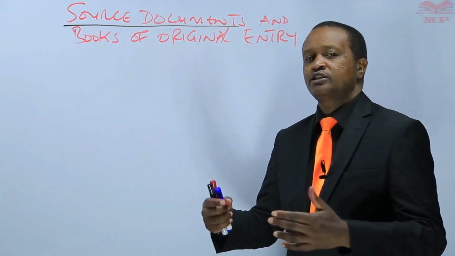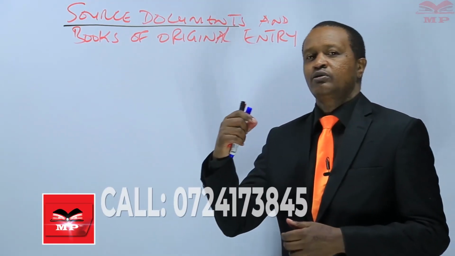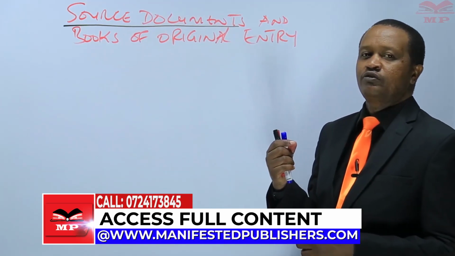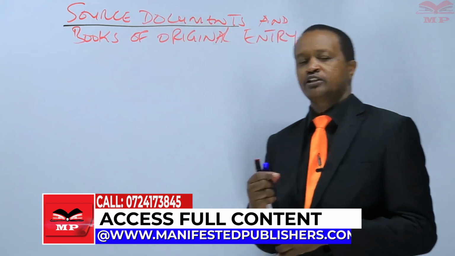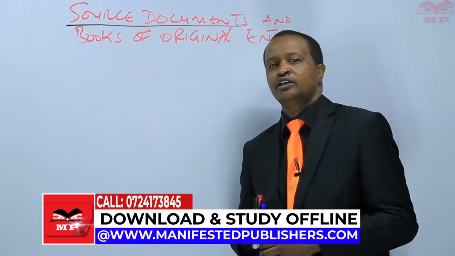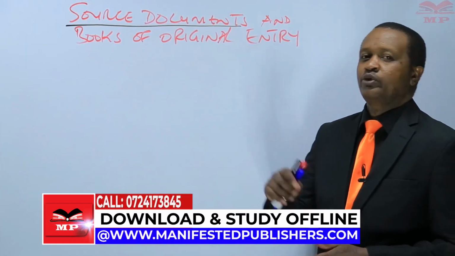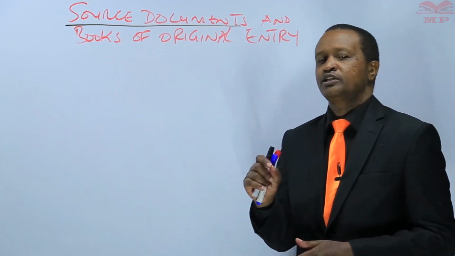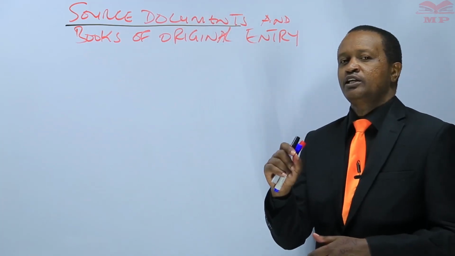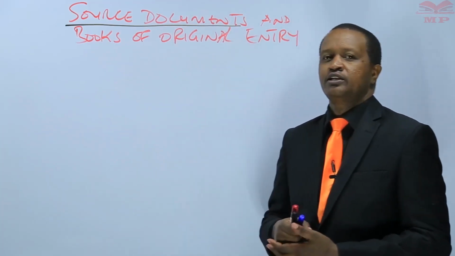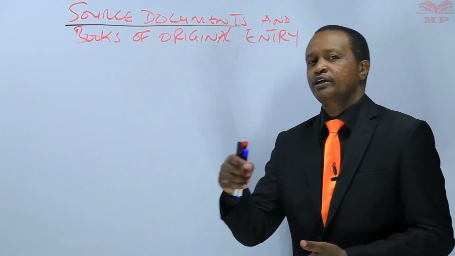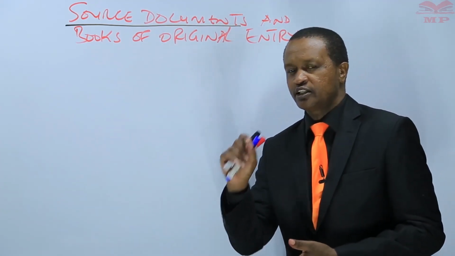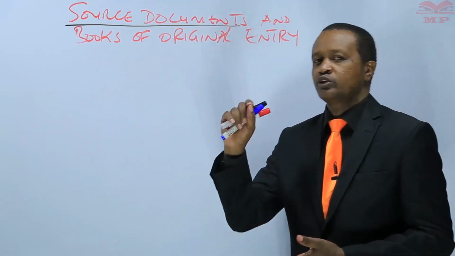When the business pays salaries to workers in form of a check, for instance, or pays casual laborers their wages in cash, then the business has to raise a source document in form of a payment voucher. So a payment voucher in such a case is a source document.